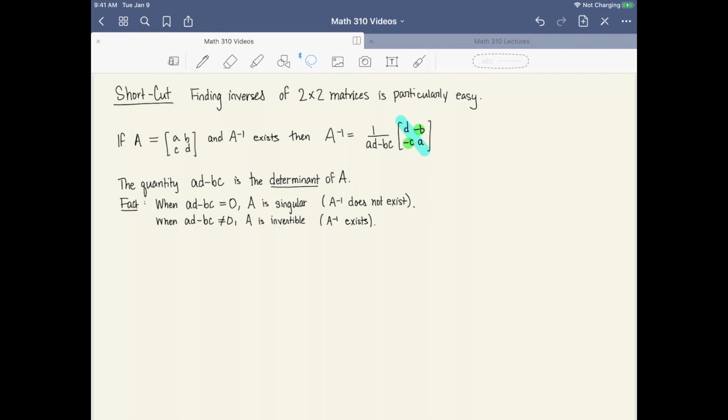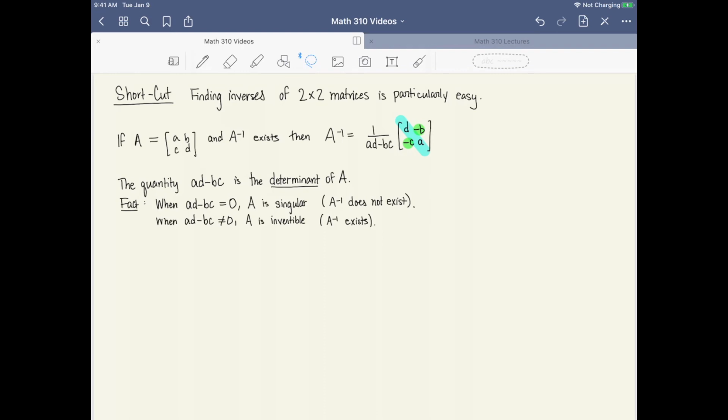The inverse of A does not exist. And this formula that I've given you wouldn't make sense at all, because you would be dividing by 0, and you can't do that. However, when AD minus BC is any non-zero number, then this is well defined, and the matrix A is guaranteed to be invertible, so A inverse does exist.